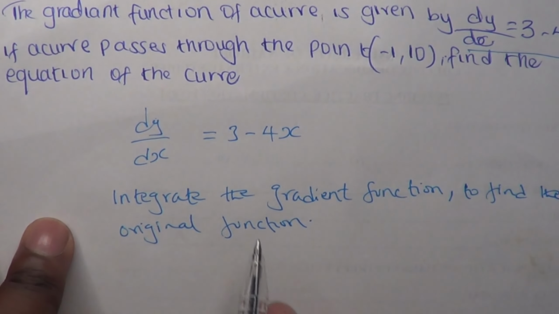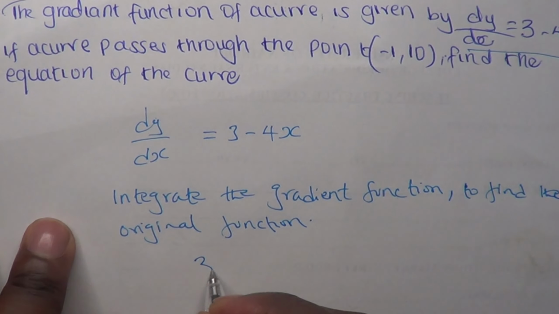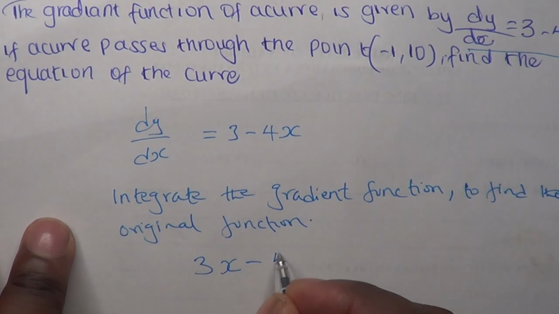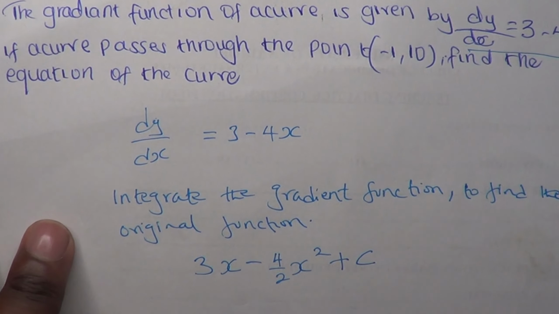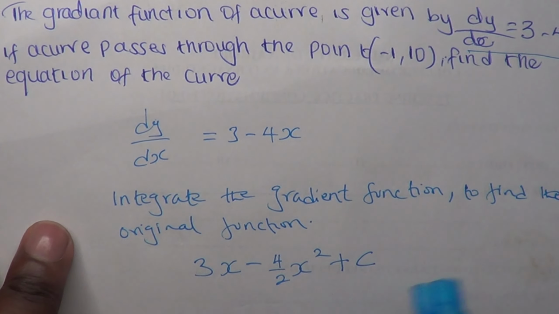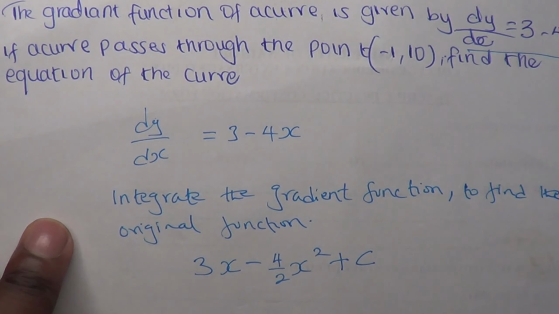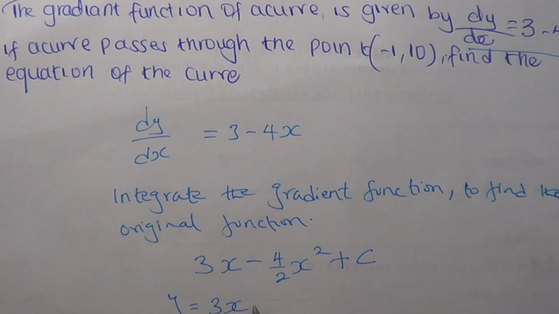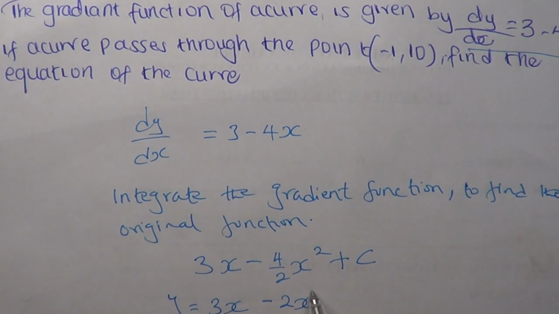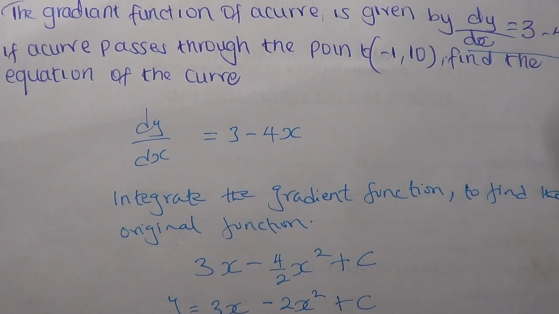When I integrate this, it will be 3x minus 4 over 2 x squared plus c, because c here is a constant number, the one I don't know. Now here it will be y equals 3x minus 2x squared plus c.